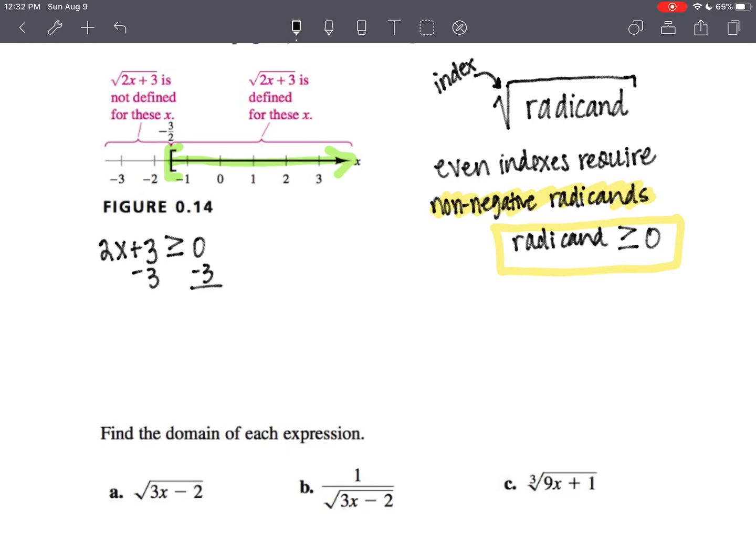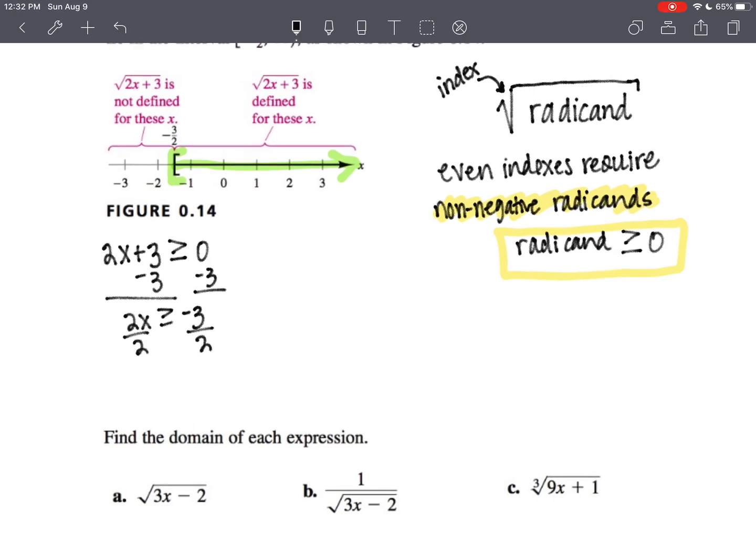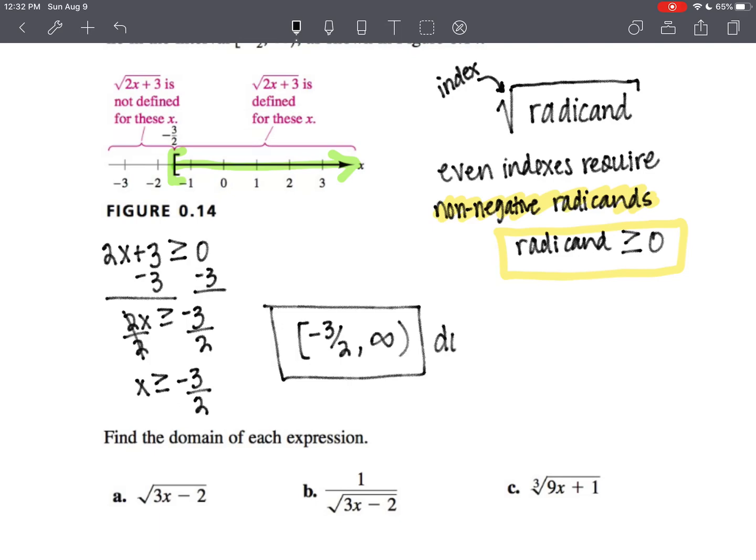Solving linear inequalities is very simple compared to quadratic or even cubic inequalities. So this is just a linear inequality. X is greater than or equal to negative 3/2. Negative 3/2 is 1.5. So in interval notation, negative 3/2 to infinity is how we would define the domain.